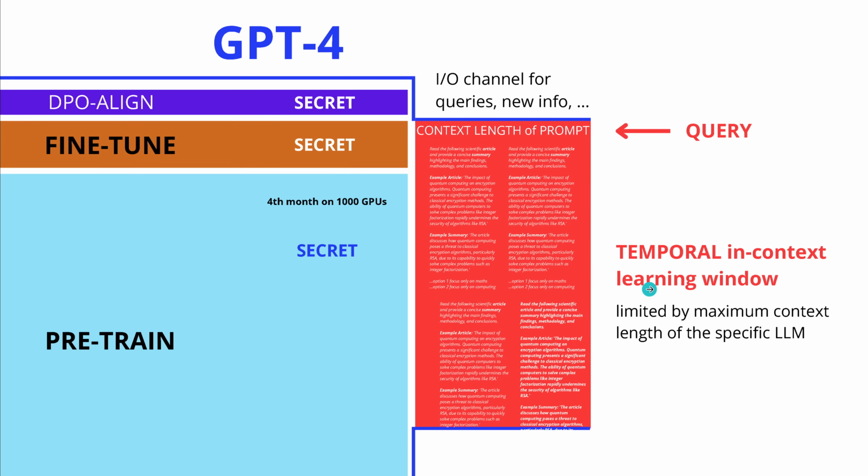So the maximum context length limits our specific LLM learning ability. Please note that this is temporary. It does not enter the real training of the GPT-4 system or any LLM system. This is just happening in this red window.